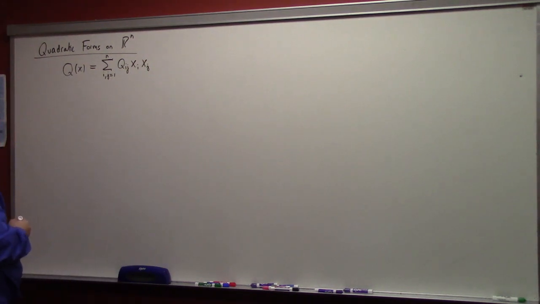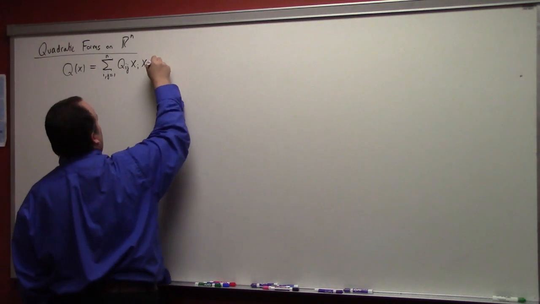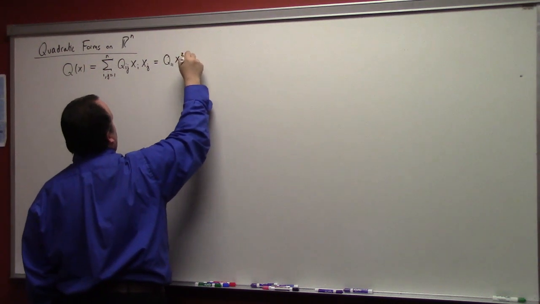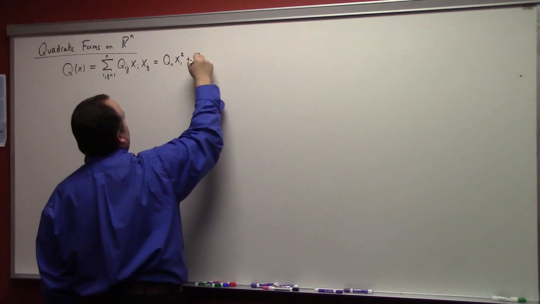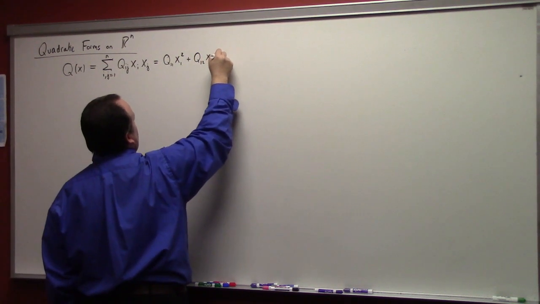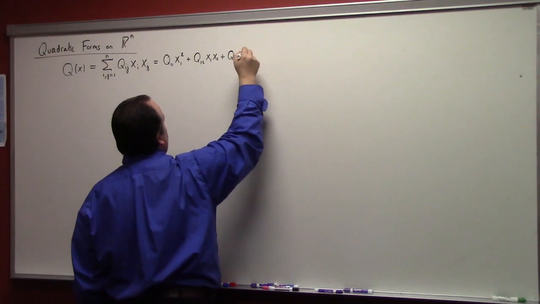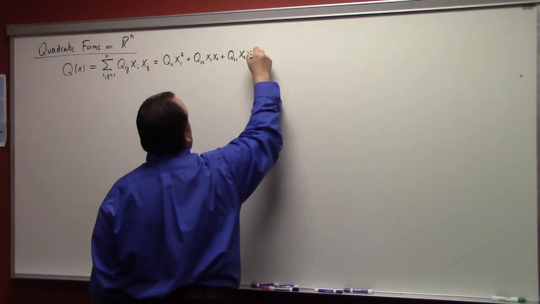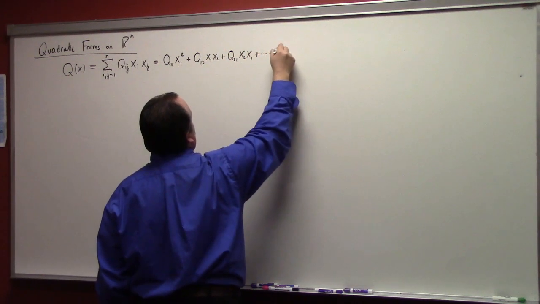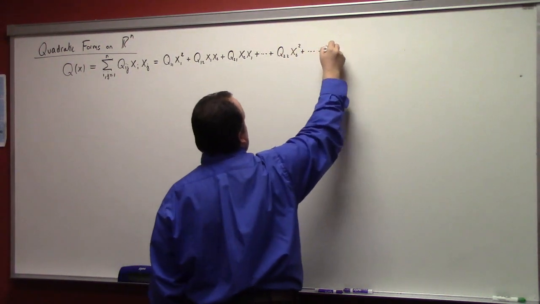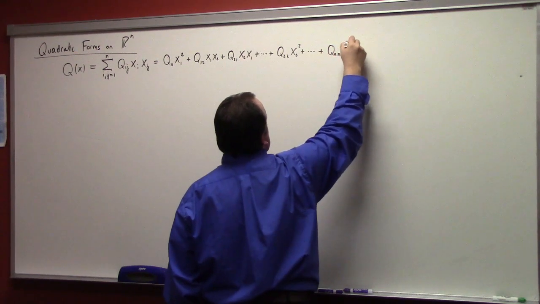This would look like q11 x1 squared plus a q12 x1 x2, and you've also got a q21 x2 x1, right? And you've got a q22 x2 squared, and finally eventually you get to your qnn xn squared, all right?